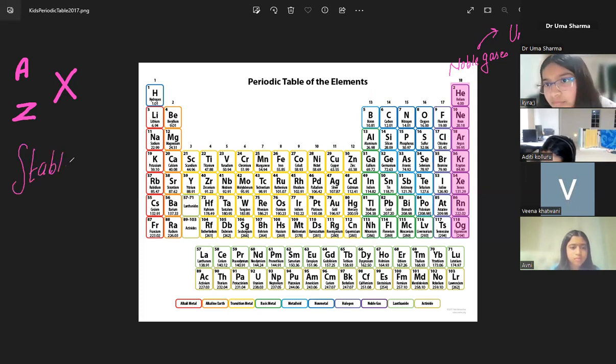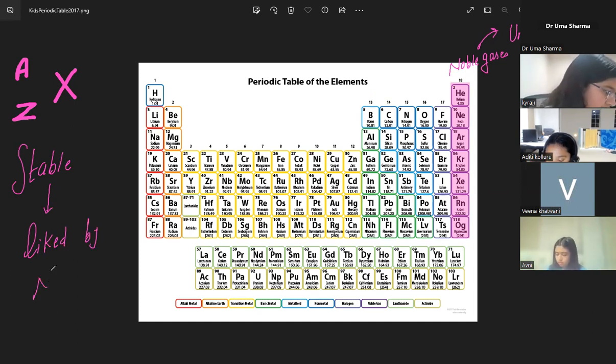Write down this line, children. Stable is liked by nature. Nature, natural forces around you. Some people call it God and all these things, but that's nature, which is the driving force for everything. So nature wants things to go in the direction of stability.